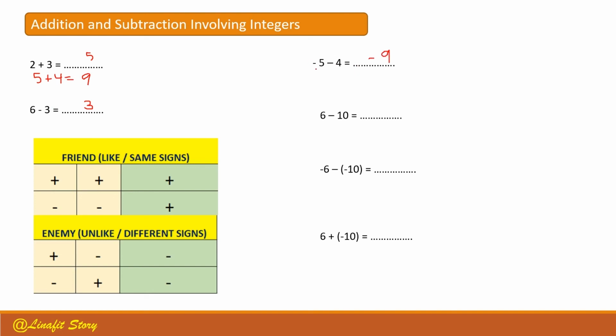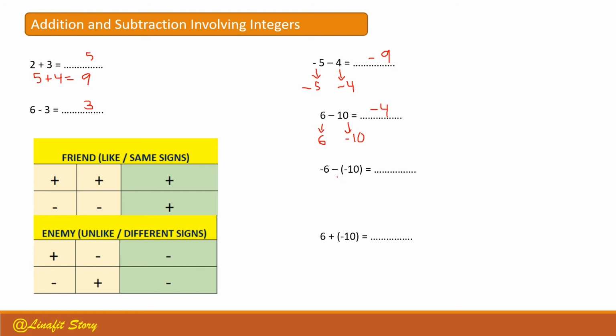Why? Because look, this is negative 5. And then you have another negative 4. So the total is negative 9. Next, this one, 6 minus 10. This is positive 6. And then here is negative 10. So 6 minus 10 equals negative 4.